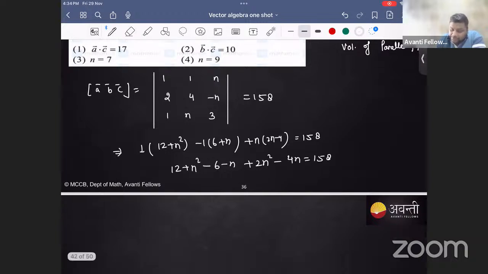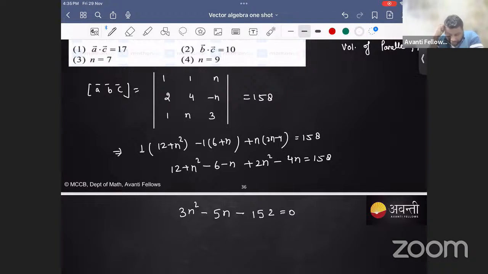Correct? So it is going to be 3n square minus 5n minus 158, 152. 12 minus 6, yes, 152 equals to 0.